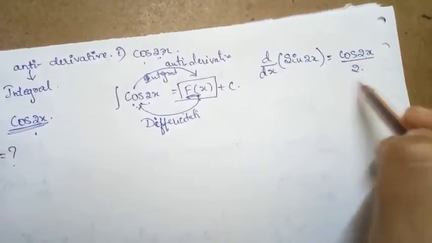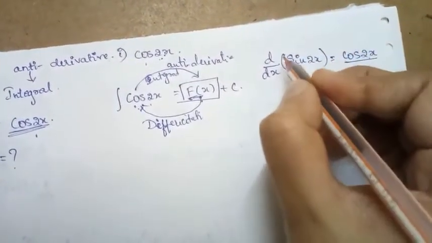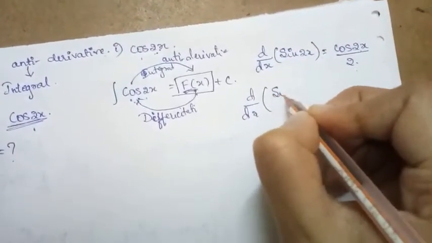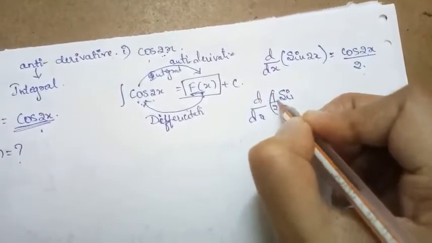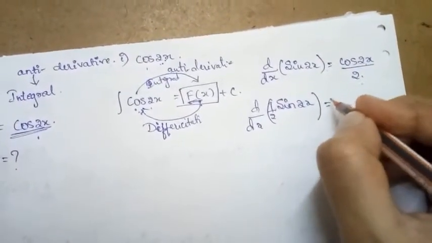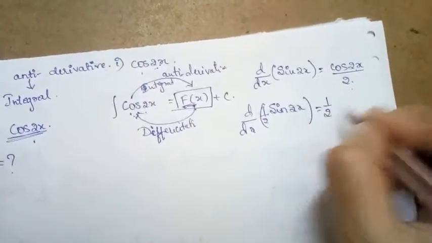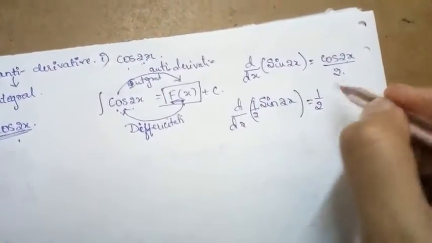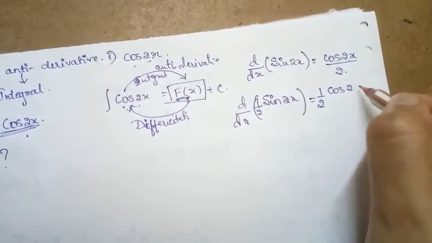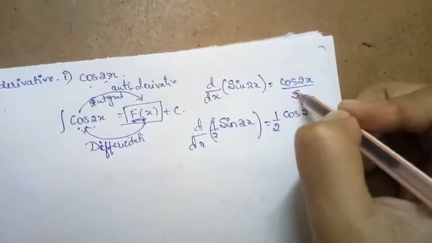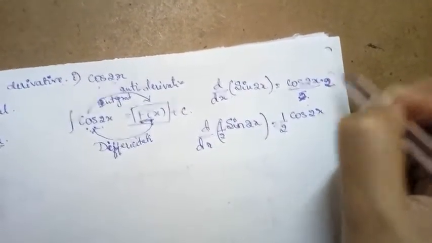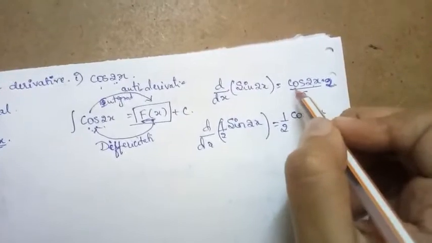To eliminate this 2, suppose I take the derivative of 1 by 2 sine 2x. 1 by 2 is a constant, kept as it is. The derivative of sine 2x is cos 2x.